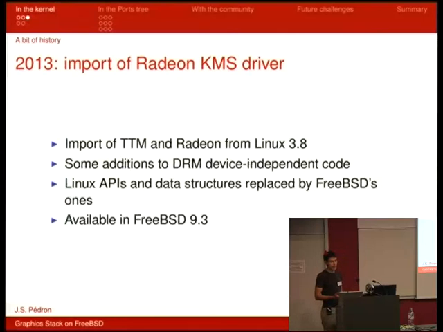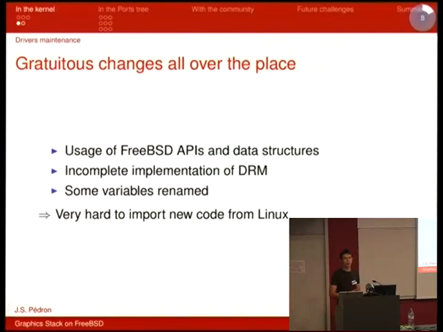Again, I added the required missing features to DRM and used FreeBSD's APIs. That was my first contact with the graphic stack, so I didn't discuss the decisions at that time. Maybe a mistake. As you can see, the code was adapted to FreeBSD standards. Some variables were even renamed in the process.